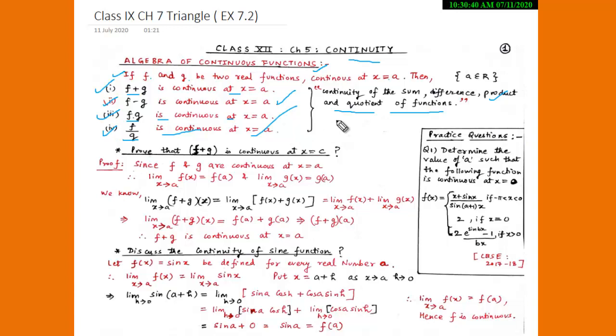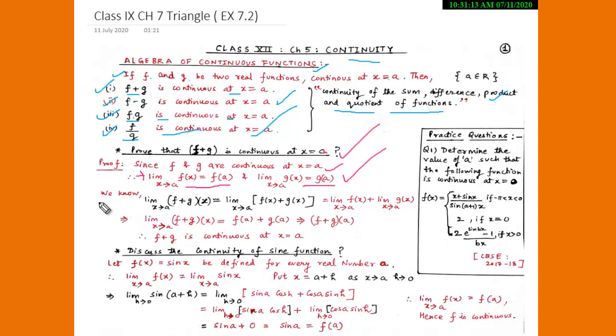So first we will prove that the sum of the two real functions, that is f plus g, is continuous at x equals a. Here a belongs to the real numbers. Since we know that f and g are continuous at x equals a, then limit x tends to a, f(x) equals f(a), and limit x tends to a, g(x) equals g(a).